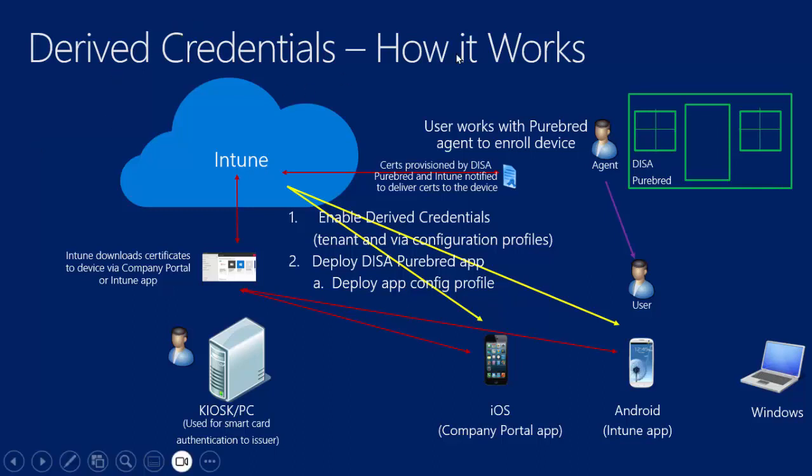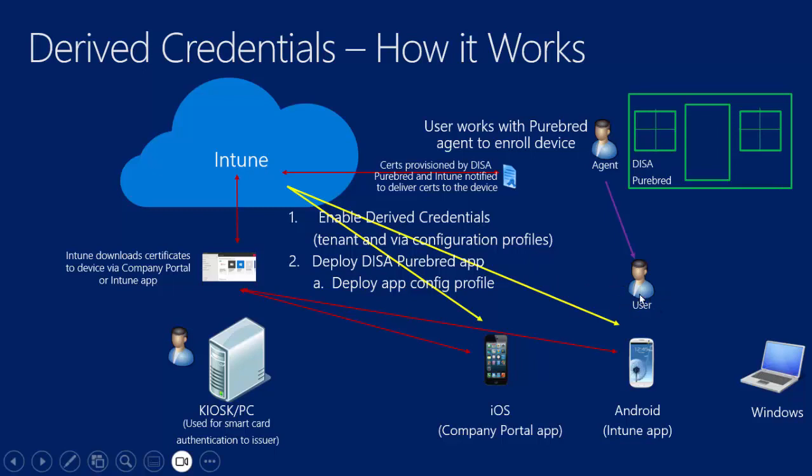Okay, so let me try to break down this graphic a little bit. And apologies, this probably isn't perfect, but it's hopefully going to communicate the point. So when we get started, there's a couple of things we need to do. First, we need to enable derived credentials. As we go into this slide, there's a couple of different personas that I will be thinking about as I work through this process. There's really three personas that I think about. Two of which are referred to as user.